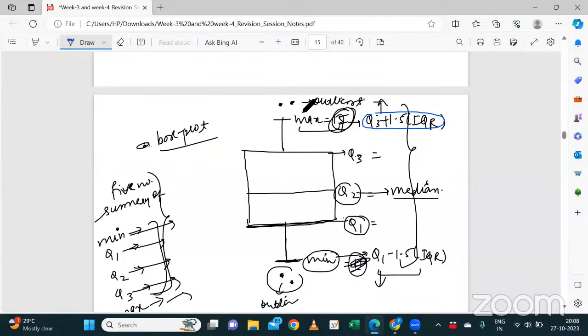The maximum is the maximum value of your data set, and Q1 minus 1.5 times IQR will be somewhere here. Observations beyond these limits will be considered outliers. Keep this in mind.